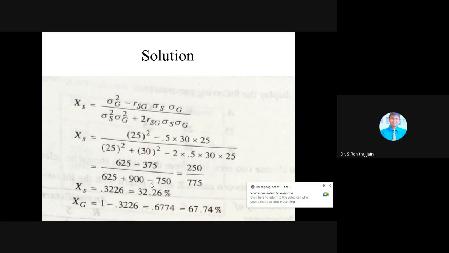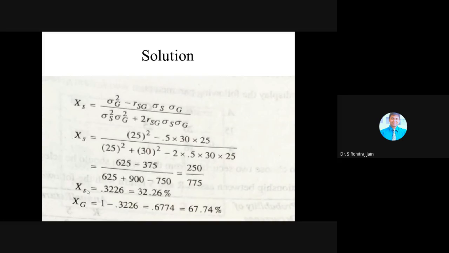So 250 divided by 775 is equal to 0.32, multiplied by 100, 32.26%. So this proportion of funds has to be invested in the stock SAL.